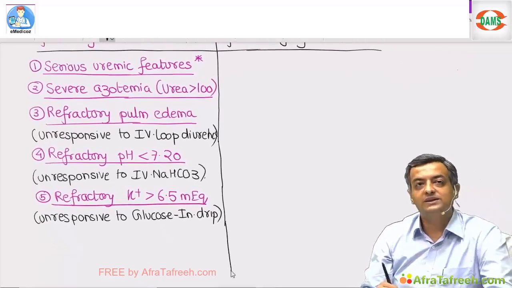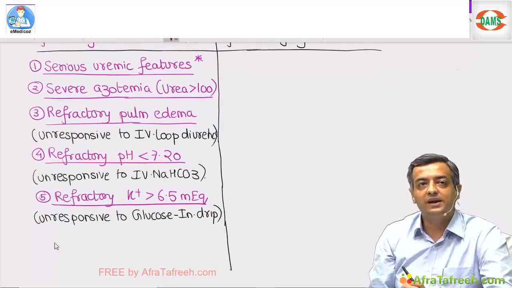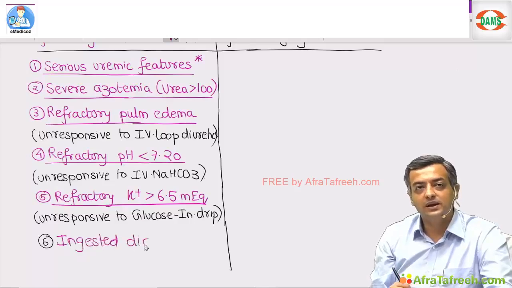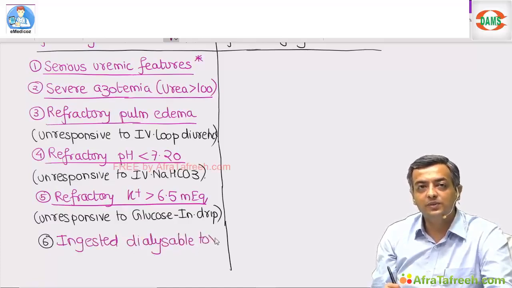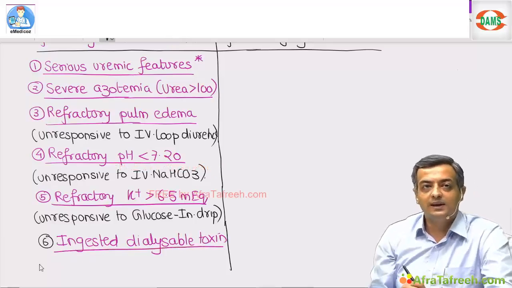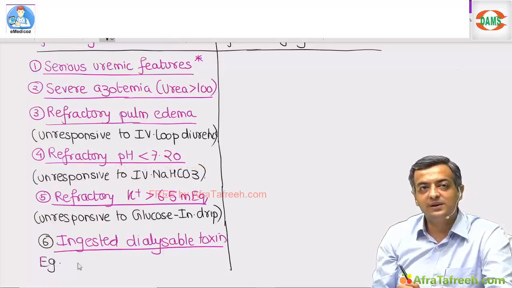And number 6, there are specific indications. When the patient has ingested a dialysable toxin, then you go for dialysis. What are the examples of dialysable toxins?